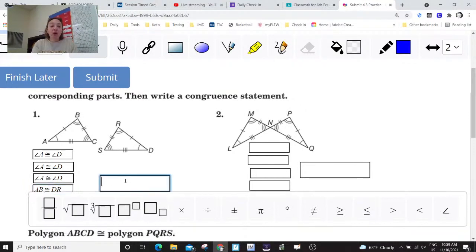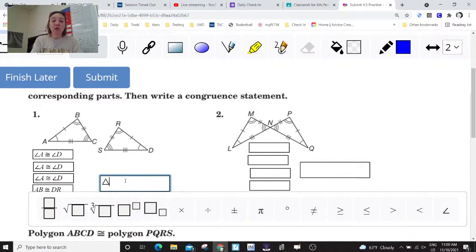Now, over here, you're going to do your triangle congruent statement, right? So you need a little triangle symbol. Backslash, triangle, space, get you a triangle symbol. Now I'm going to put a random congruent statement in there.